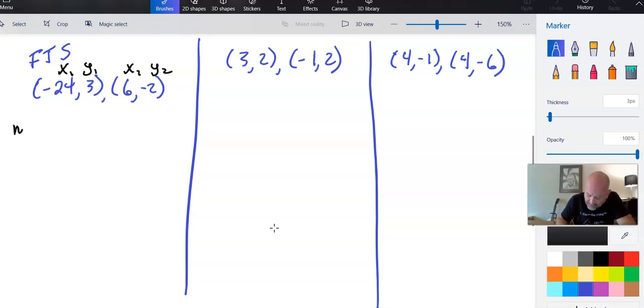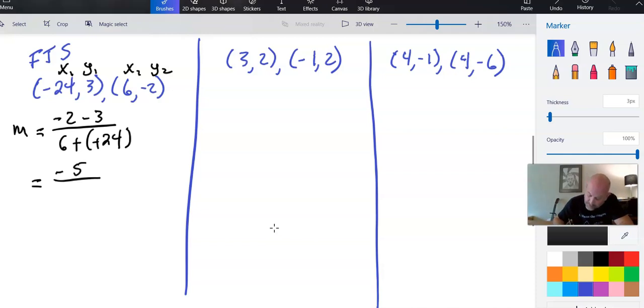So here my slope is negative 2 minus 3 over 6 minus negative 24. So we're going to turn those into pluses. So I get negative 5 for the numerator, and that is over 31.